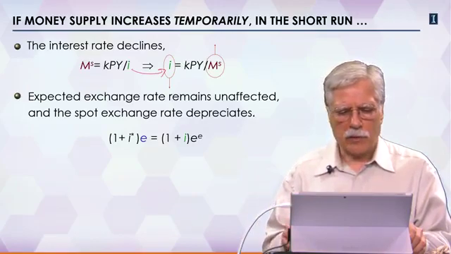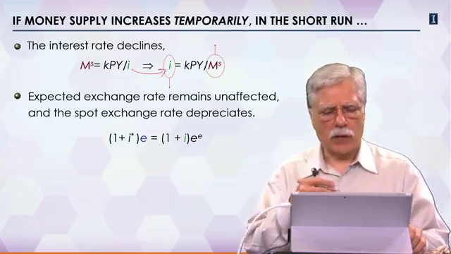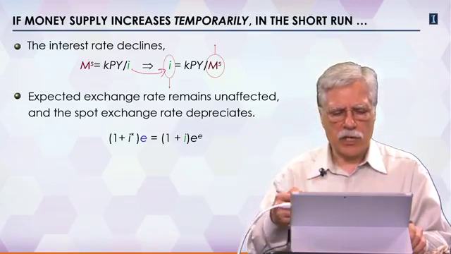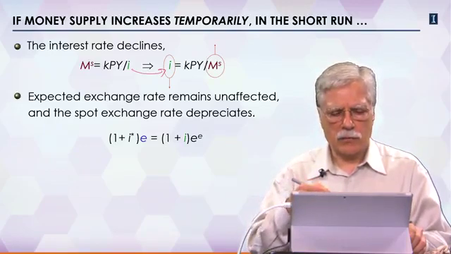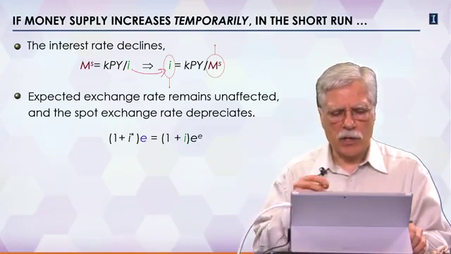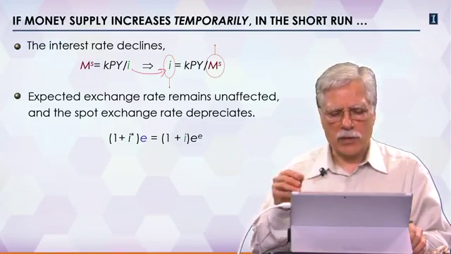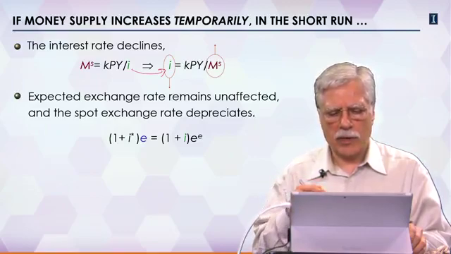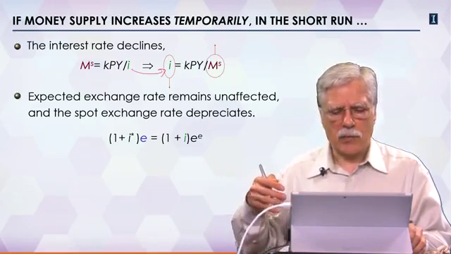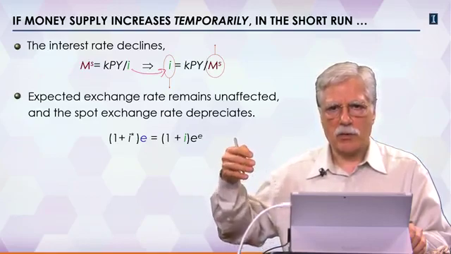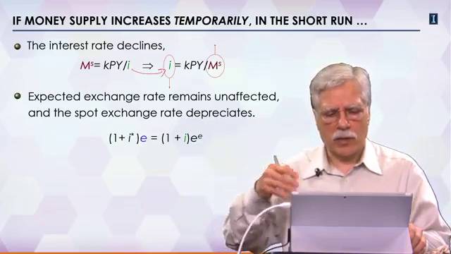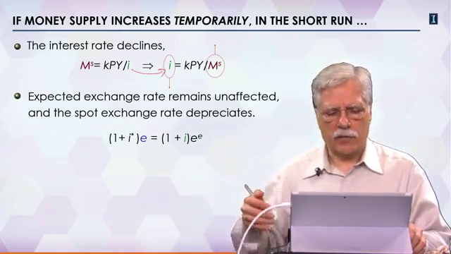The interest parity condition says that 1 plus the interest rate in the foreign economy times the exchange rate, that's the number of foreign currency units you get per unit of domestic currency, is equal to 1 plus the interest rate at home, meaning keeping your money in domestic currency and earning interest in domestic currency, times the expected exchange rate, which is how much foreign currency you can get for your money at a future date.